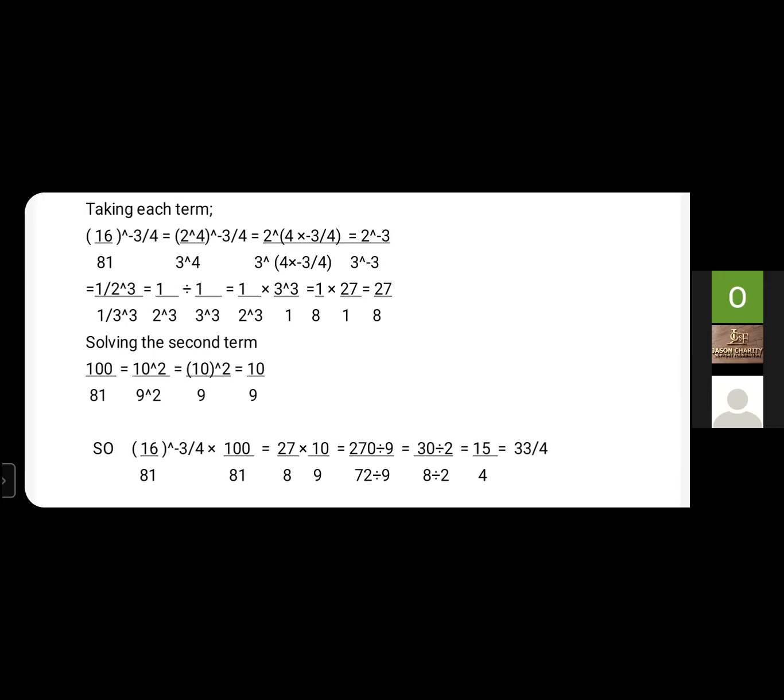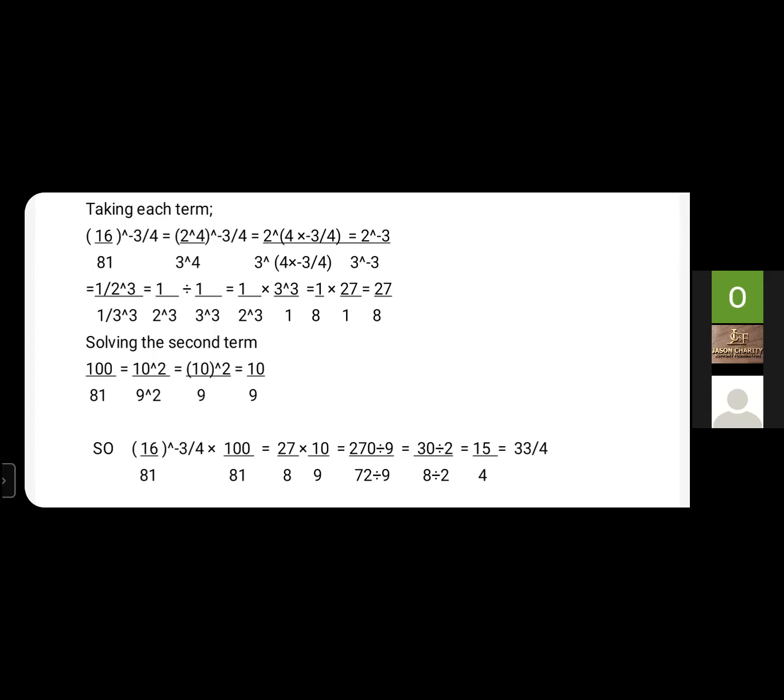Now, how do we go about that? We can say 4 times 4 gives us 16, right? Which is relating to minus 3 over 4. Now, looking at 81, how do we break 81 down? We can also say 9 times 9. 9 times 9 does not relate to the power of minus 3 over 4. So what do we do?